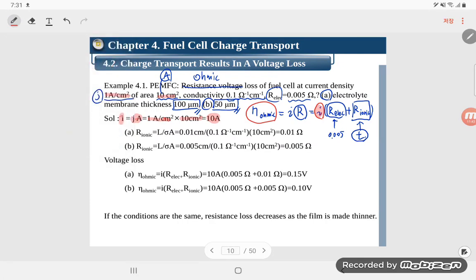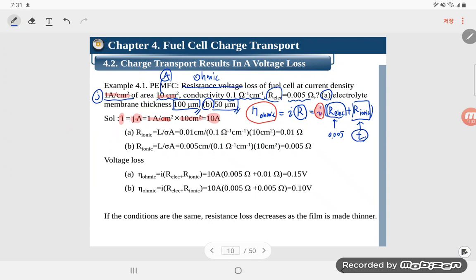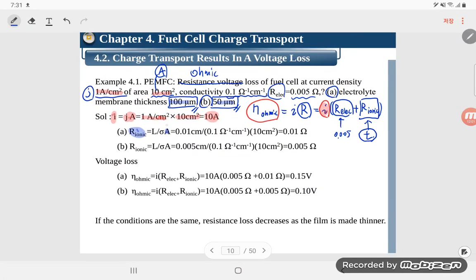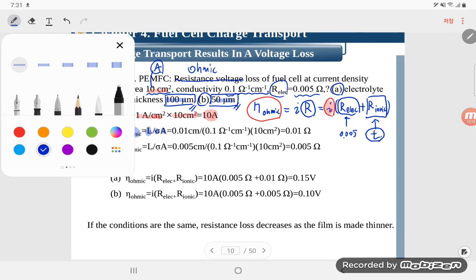We already know the electrical resistance. Depending on the thickness, we can calculate the resistance of each membrane, right? And we already know the area and length, because the length is the thickness of the membrane, and sigma in here. So based on this equation, we can insert each value in here.